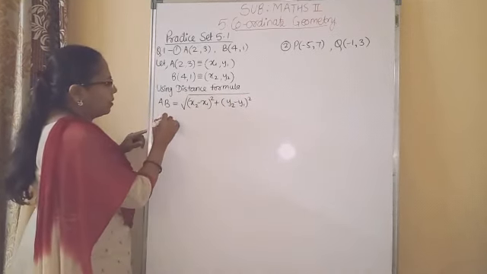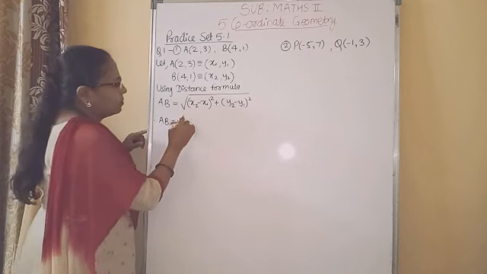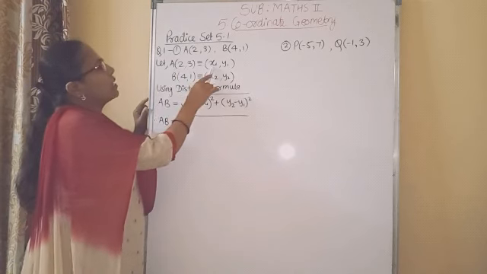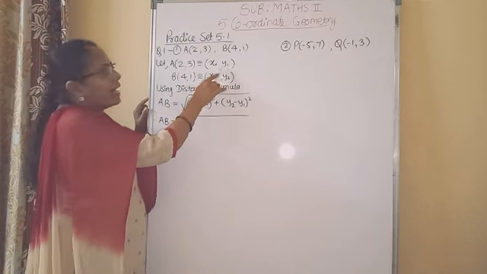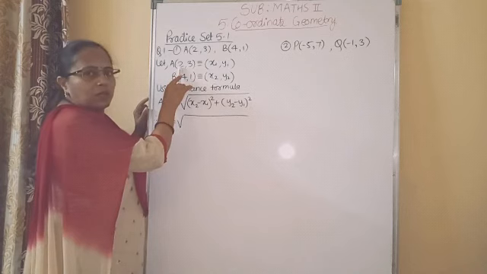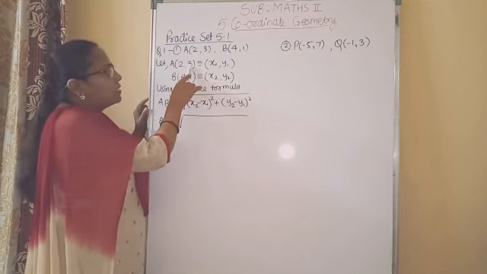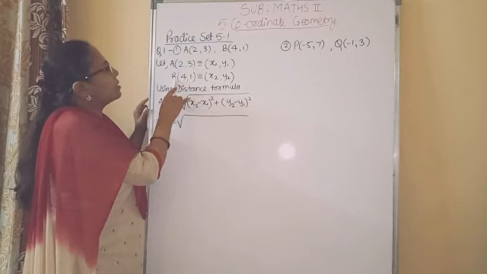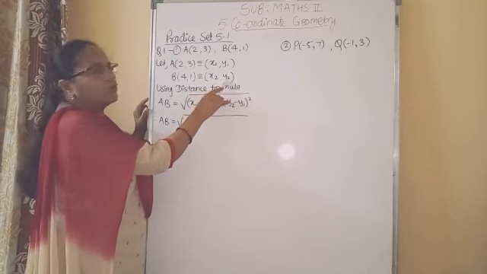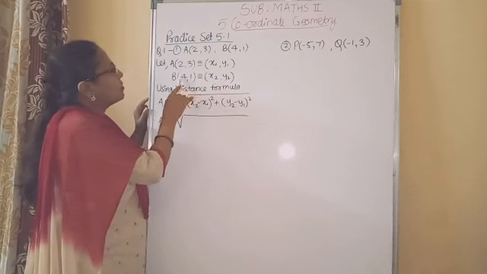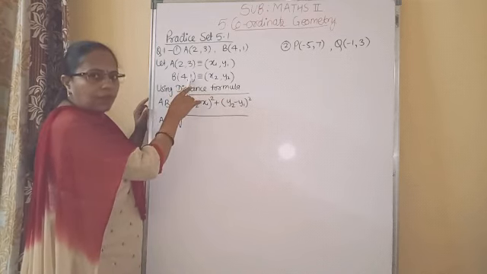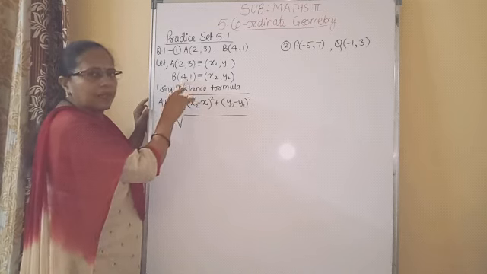Therefore, AB equals, students, the coordinates of point A we assume x1, y1. That means the value of x1 is 2 and y1 is 3. Okay. Same way here, the coordinates of point B we assume x2, y2. So x2 equals 4 and y2 equals 1. Okay, this way we have to consider the values.